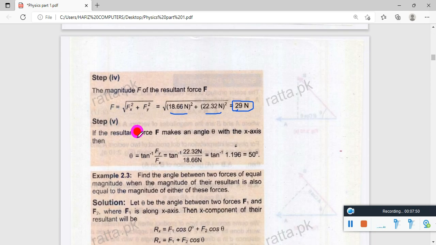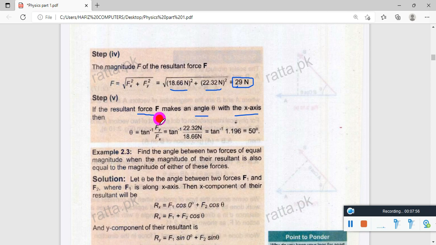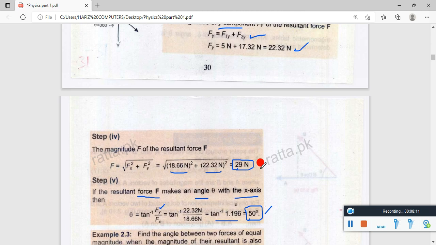Similarly, if the resultant force F makes an angle theta with the x-axis, then theta is equal to tan inverse of Fy over Fx, tan inverse 1.196, which is equal to 50 degrees. This is the direction of the resultant force, and this is its magnitude of 29 Newton.